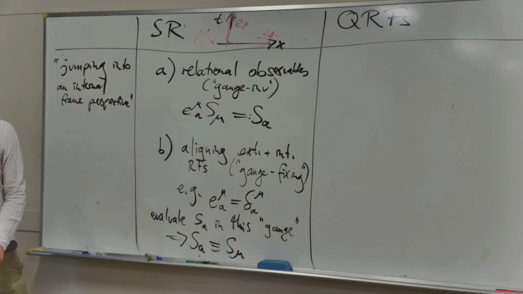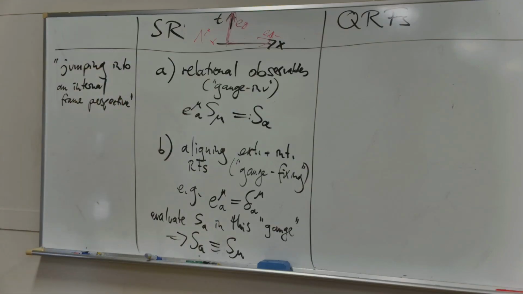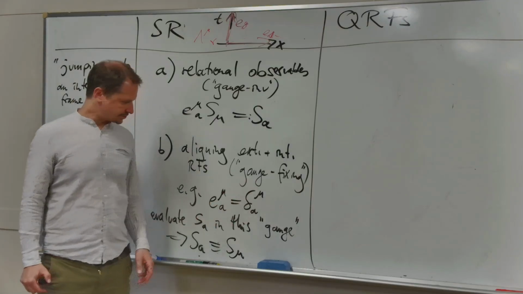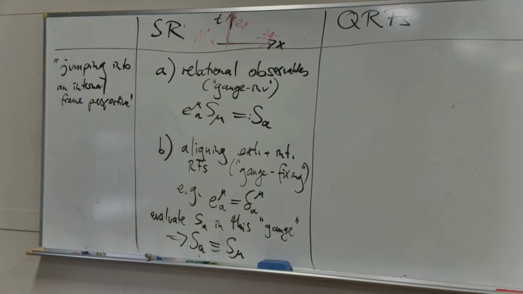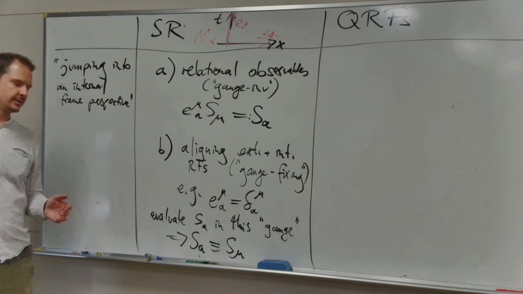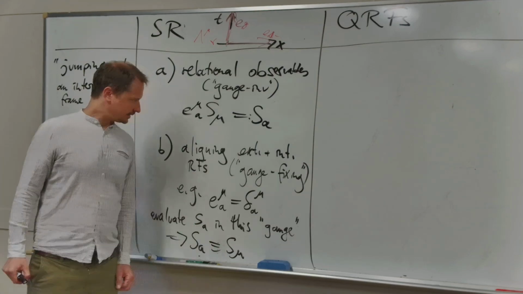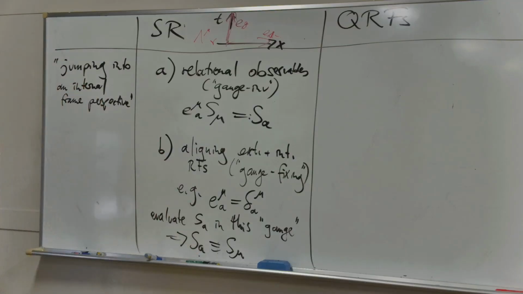So I'm writing in this form. I hope it's clear what I mean by this. By this identification, the zero direction of the internal and the external frame coincide. X, Y, Z also coincide. So clearly the gauge invariant description agrees with the gauge fixed one. So that's why they're equivalent.